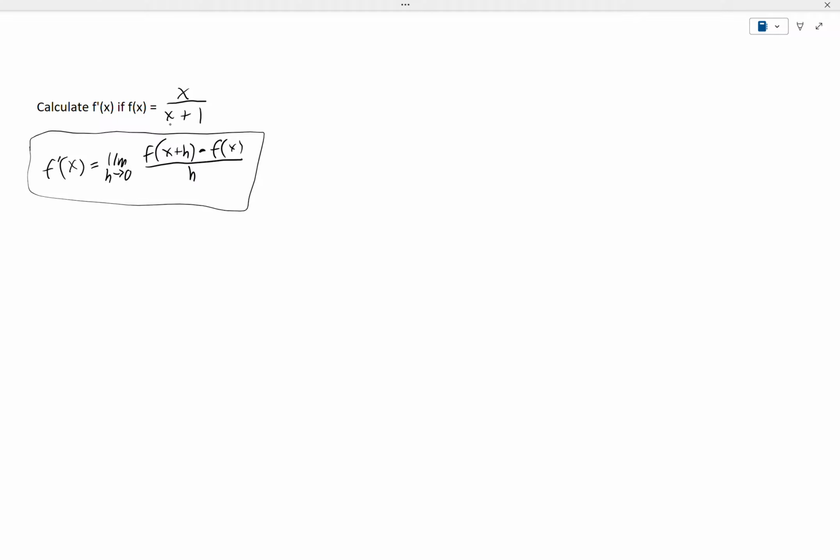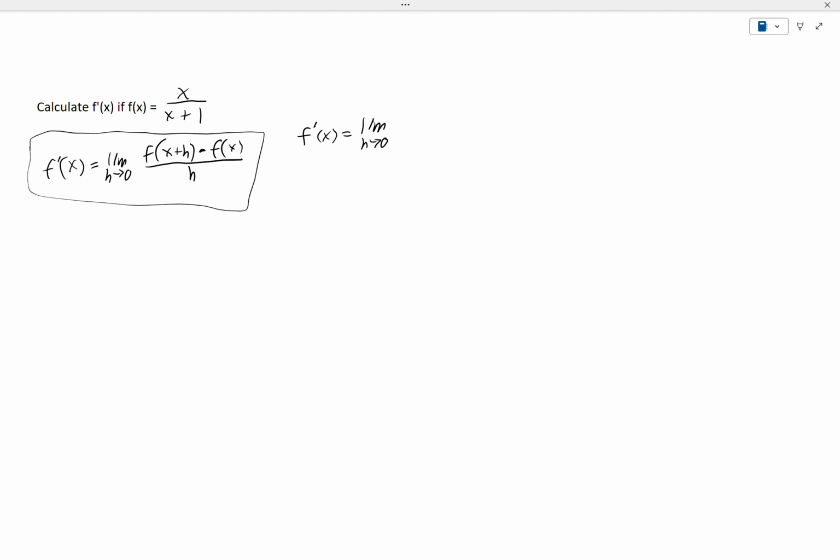And as you can see, we're given our function up here. So we've got to find the derivative of it. So I'm just going to write out f prime of x is equal to the limit as h goes to 0 of this right here. For the first term, we're evaluating the function at x plus h.